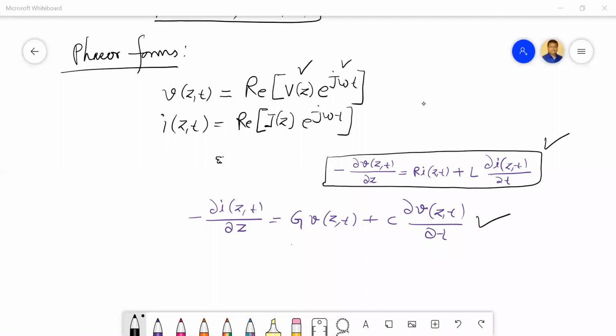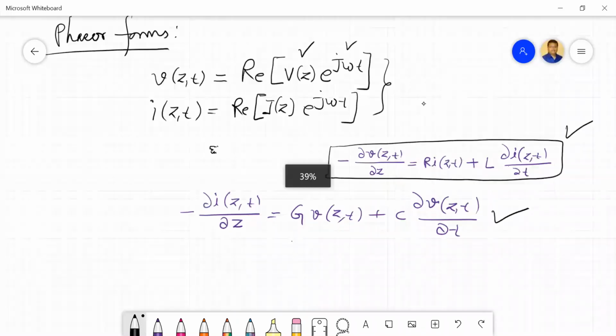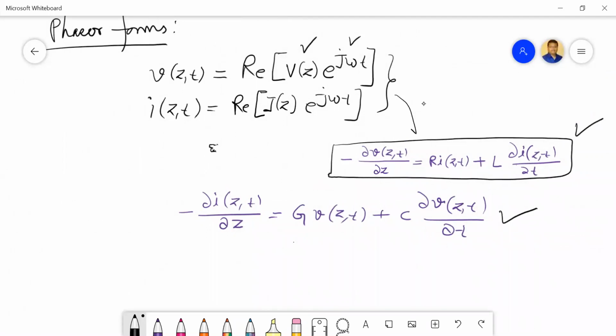These two equations, what we will do, we'll put the time harmonic form or the phasor form in these two equations.